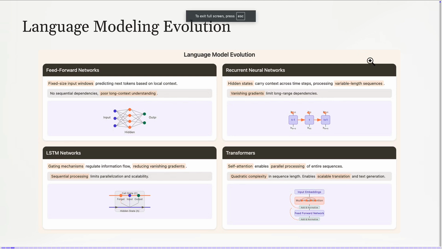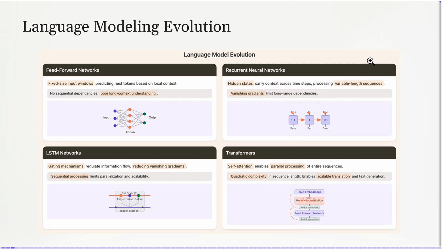So this slide summarizes better the evolution of language modeling. As already mentioned, with a feed-forward neural network, we have a fixed input size and fixed input windows, predicting the next tokens or creating embedding models. There are no sequential dependencies, and there is poor context understanding because the concept of sequence doesn't exist in feed-forward networks.